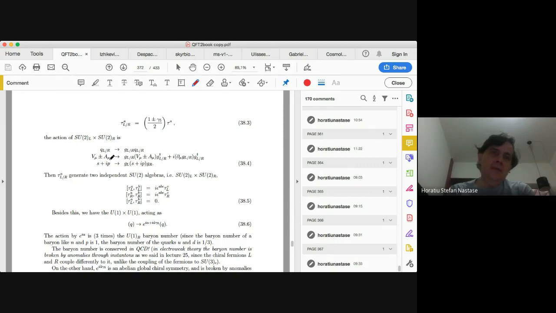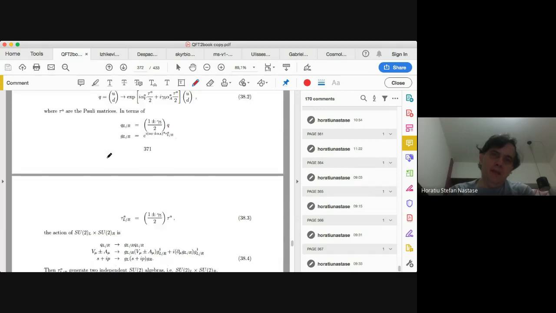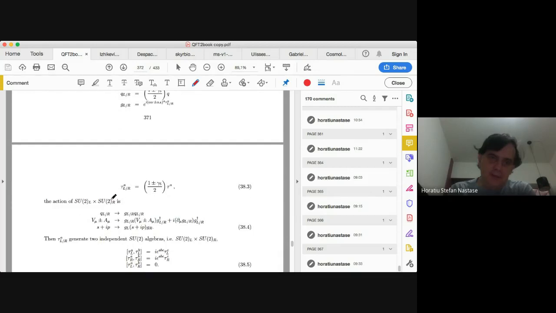On vector and axial currents, we've seen that the combination is alpha V plus minus alpha A. So correspondingly, the gauge field is also V mu plus minus A mu, and the transformation is the usual transformation for a gauge field, G left or right times V mu plus minus A mu times G dagger left or right, plus or minus i d mu G left or right times G dagger left or right.